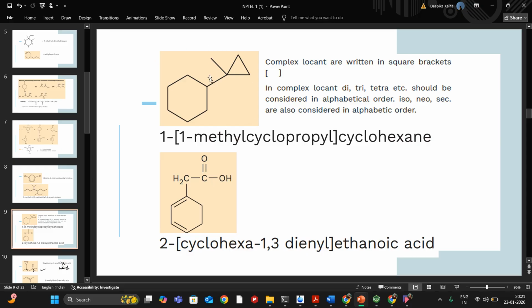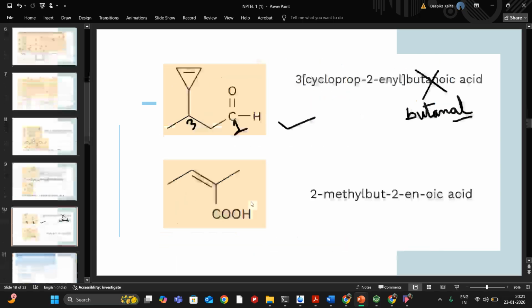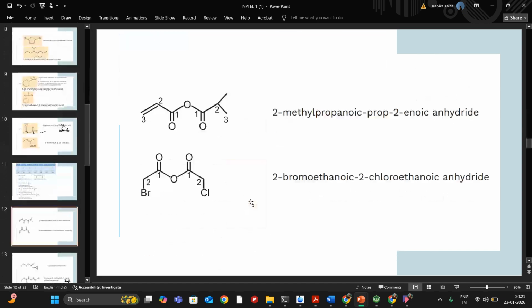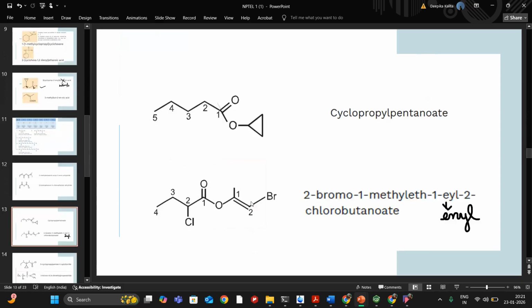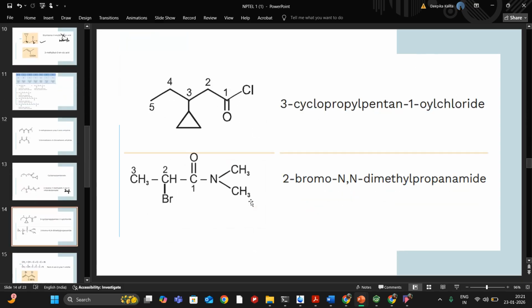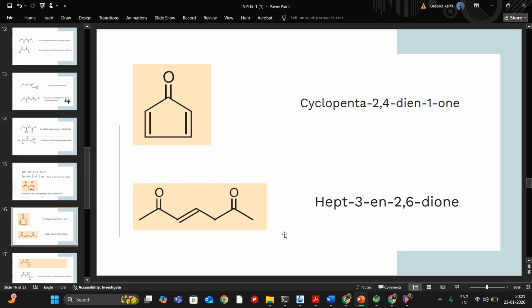Then we solved questions having two cycles in the compound, and also questions on compounds with functional groups, where we went through aldehydes, carboxylic acids, anhydrides, acid chlorides, esters, amides, nitriles, and diketones.